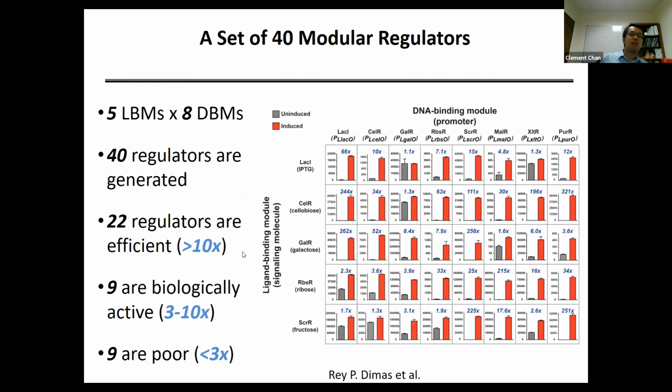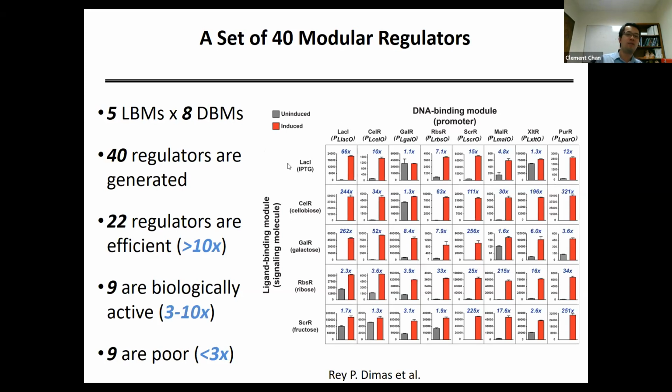We have extended the strategy to a number of other proteins. On the right-hand side here, it shows 40 proteins that we have built by using 5 small molecule binding modules and 8 DNA binding modules. Of course, in these 40 regulators, 5 of them are native proteins because both the ligand binding modules and the DNA binding modules are from the same original protein.